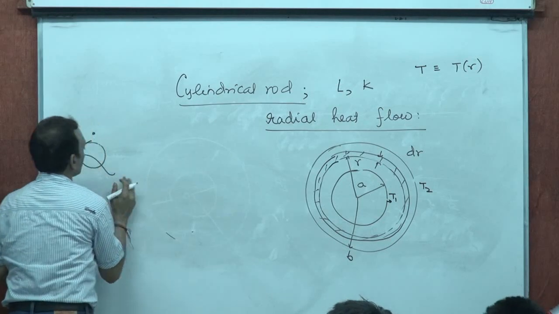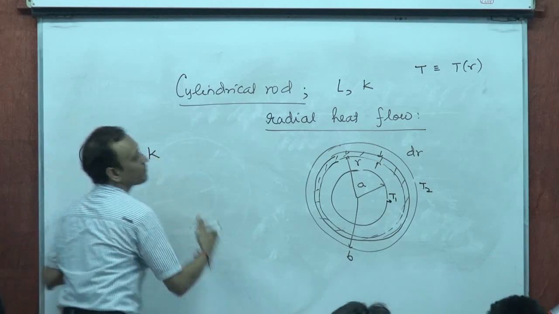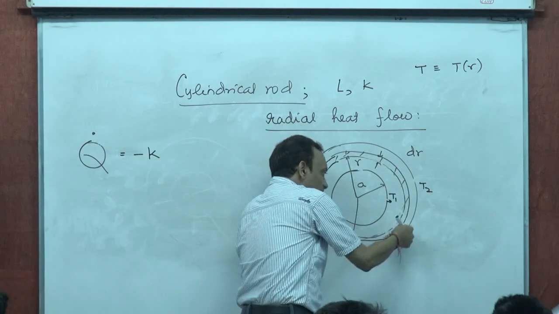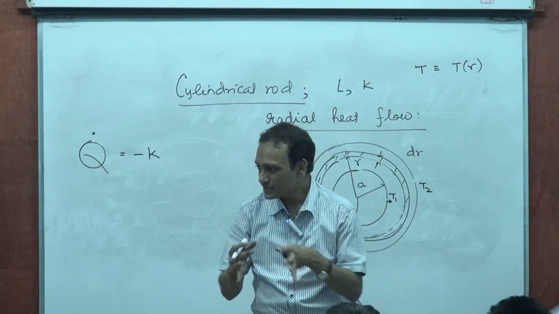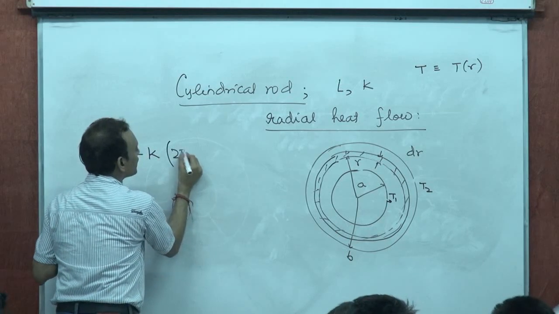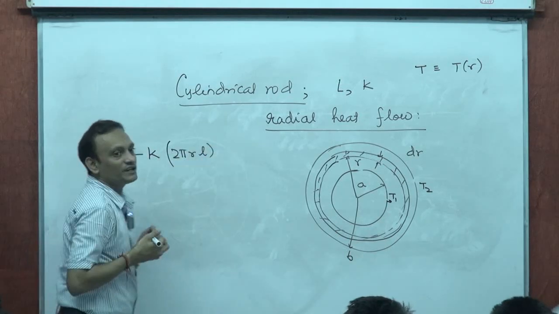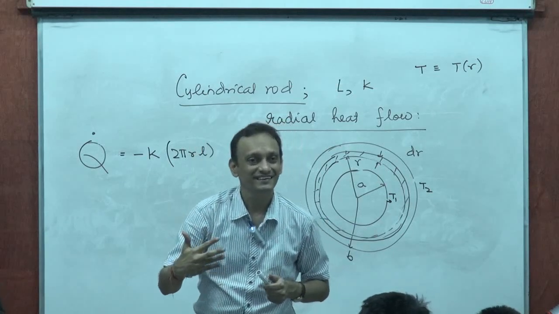Watts would be minus k times the area of this, which is 2 pi rl. That's the curved surface over which the current wavefront lies, right?